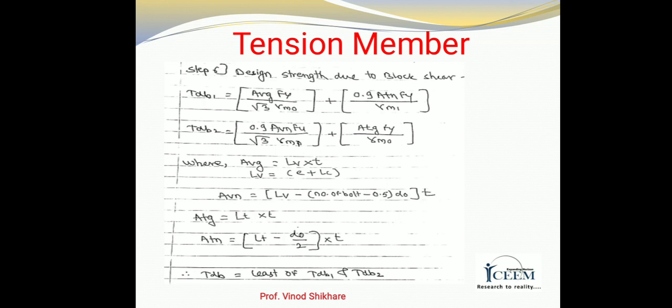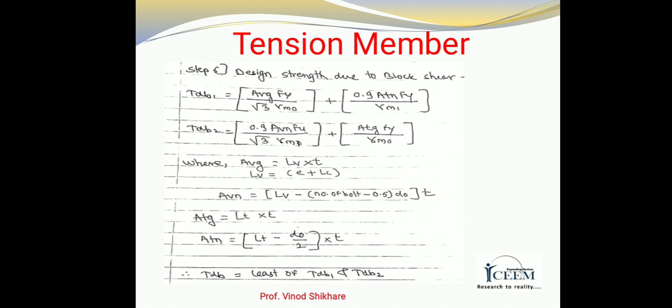ATG and ATN are minimum gross and net area in tension from the bolt hole to the toe of the angle end bolt line perpendicular to the line of force respectively, and Fu, Fy are the ultimate and yield stress of the material respectively.